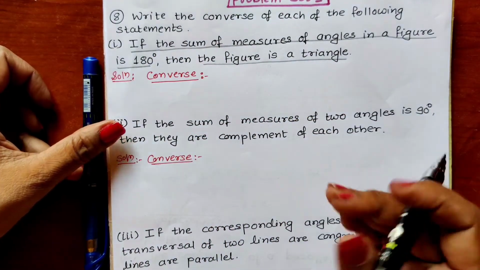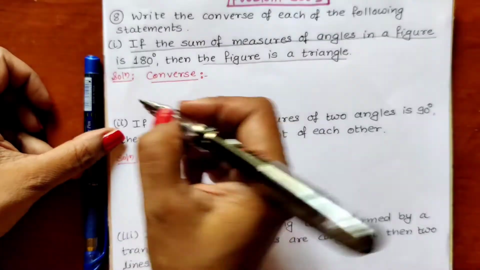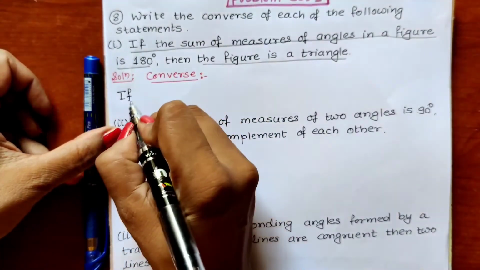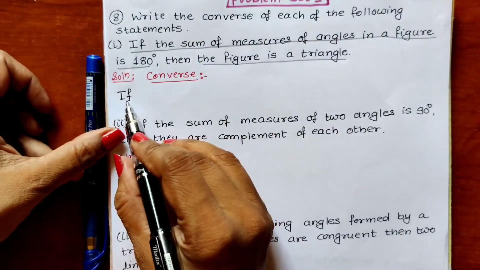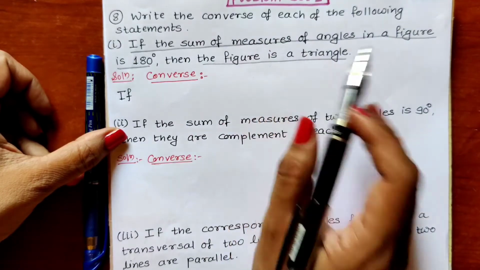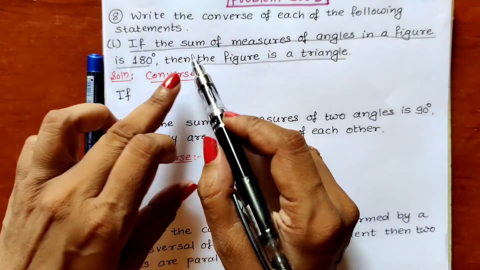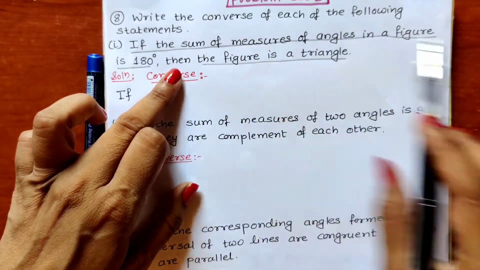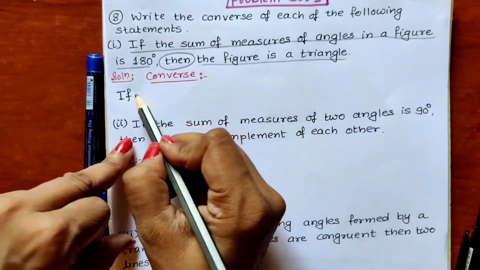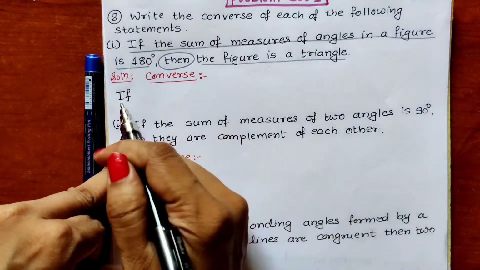So we have to write the opposite of it. We start our statement from if. Converse also we will start from if. So after if, what should be written? The figure is a triangle. If the figure is a triangle, here in the given statement it is written after then. This sentence is written after then, but in its converse we will be writing it after if.